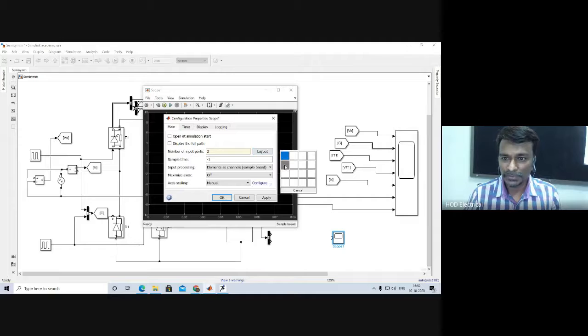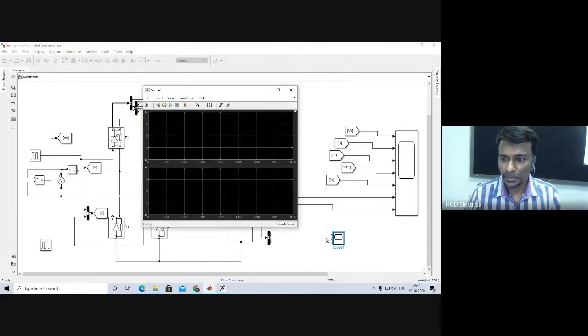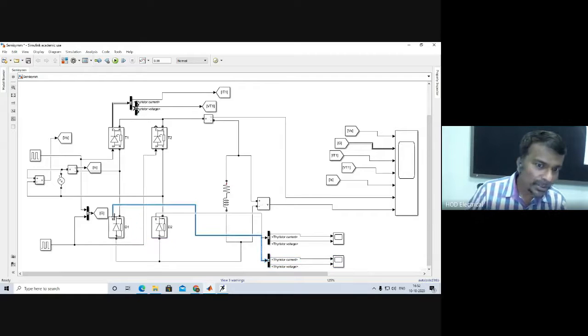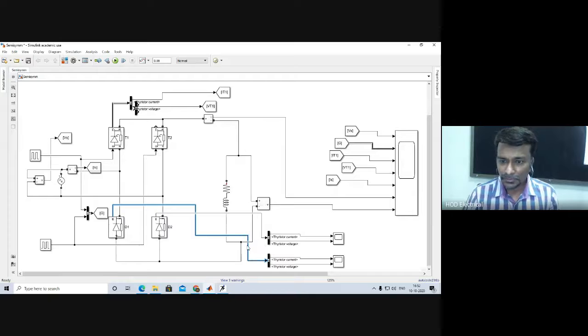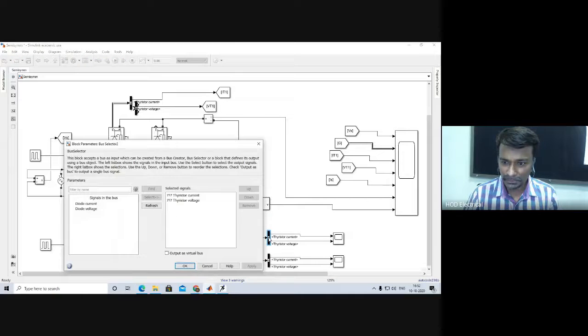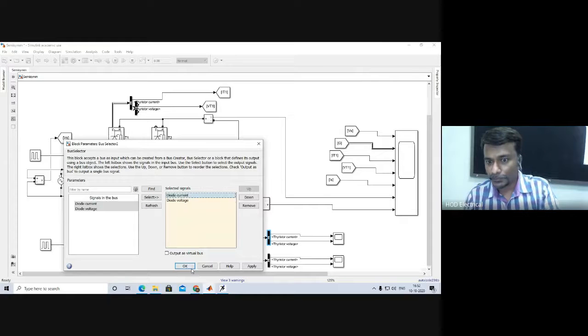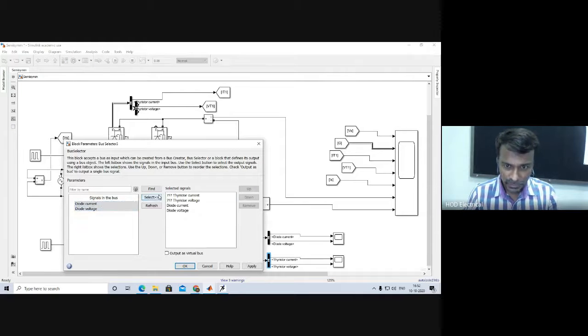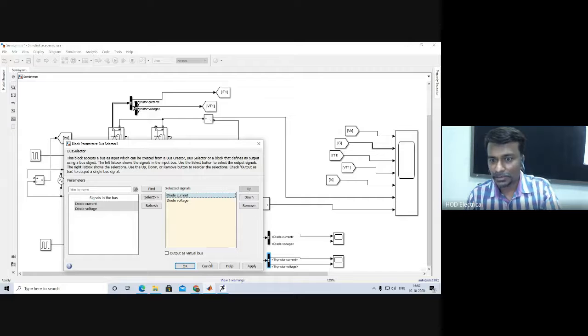Then in the layout, we can see the two waveforms. The output voltage, we can measure across thyristors T1 and T2. Similarly, we can connect D1 current as well, so that you can easily understand the current. So I am selecting the diode voltage and diode current, and similarly here also.